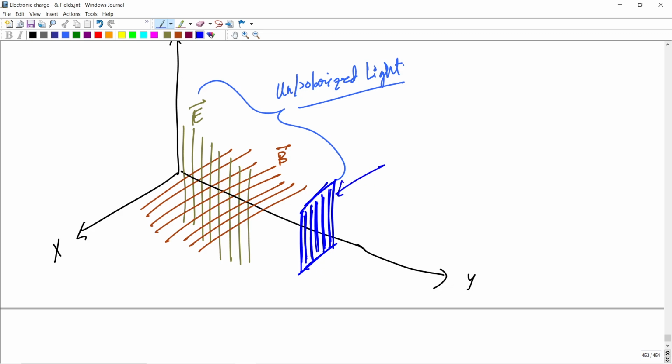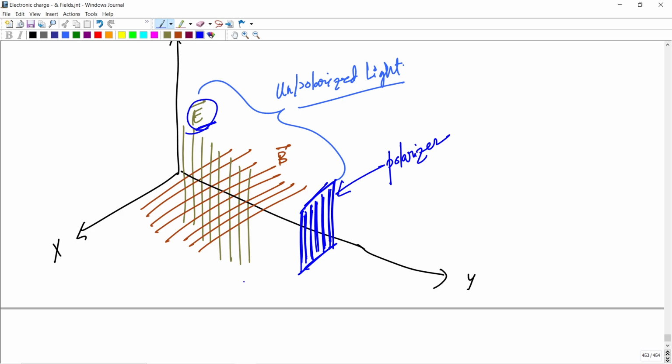This plane is called a polarizer, and it blocks one plane. It passes the E part but blocks the B part.